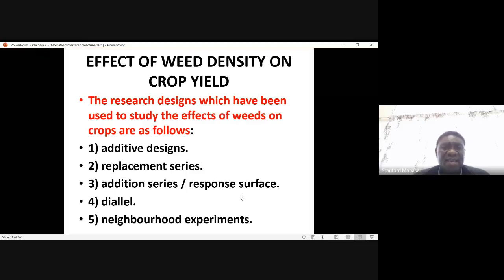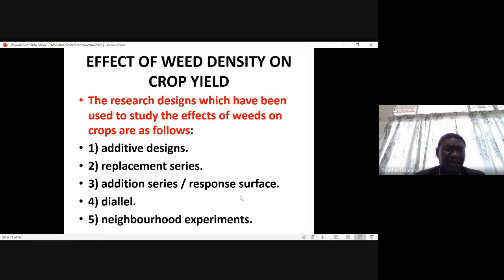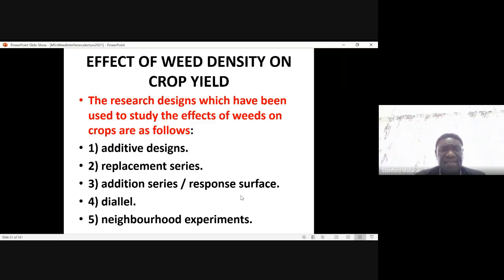So there are a number of studies which can be done in order to understand the effect of weed density on crop yield. We have about 5 research designs which have been used to study the effects of weeds on crops. The first is known as the additive design. Then number 2, we have the replacement series.